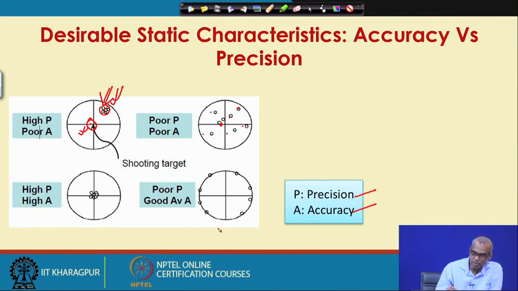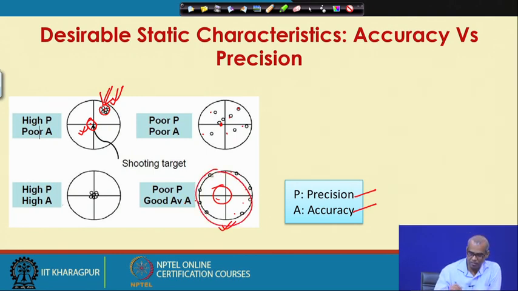Let us look at this exercise. You have actually not hit in a scattered manner, you have hit around the periphery of this circle, but there is no agreement between these individual hits, though they are all lying within a radius of a circle.